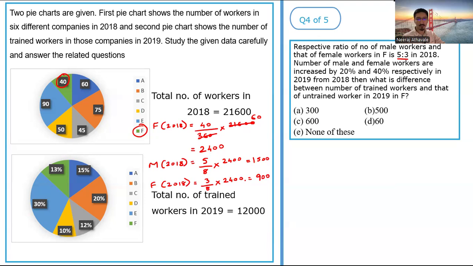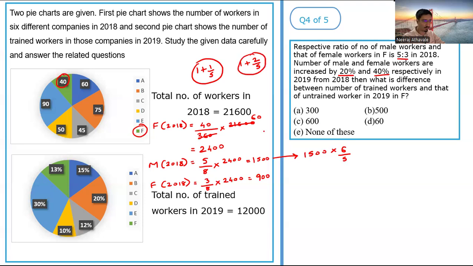Number of male and female workers are increased by 20% and 40% respectively in 2019 from 2018. So this becomes 1500 into 6 by 5. Now why 6 by 5? Because it is an increase of 20%. So I write it down as 1 plus 1 by 5. Here it is 40%, so I write it down as 1 plus 2 by 5.